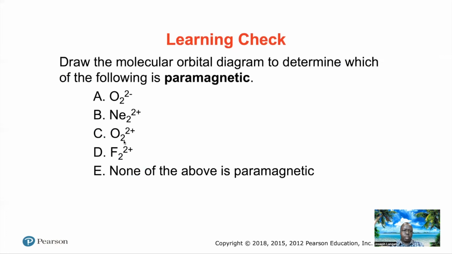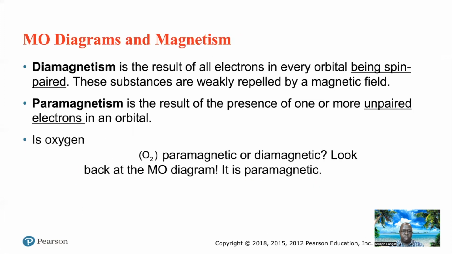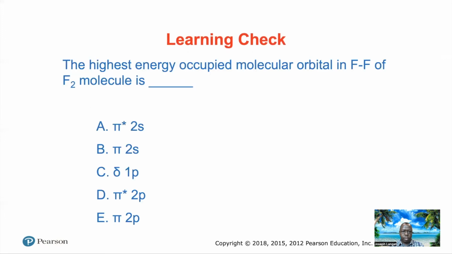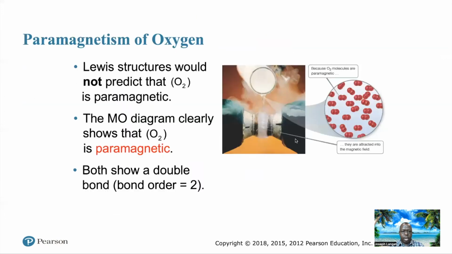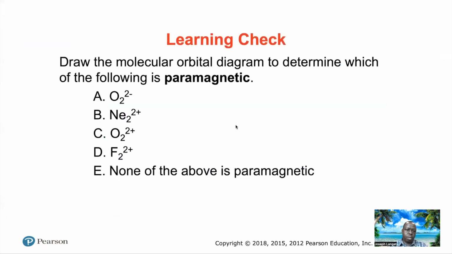O2 2+, that means we remove two electrons from this oxygen here. That means it's just going to remain paramagnetic, and the answer is D. It will be paramagnetic. Why would we say D is paramagnetic? O2 2+, that means we remove two electrons.